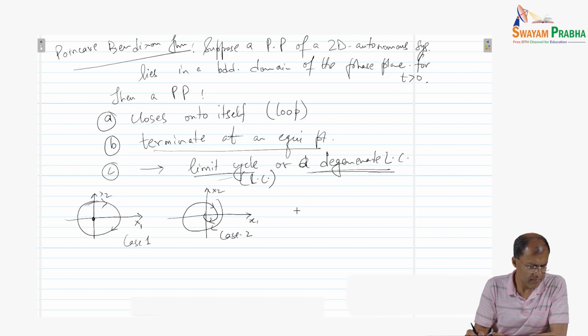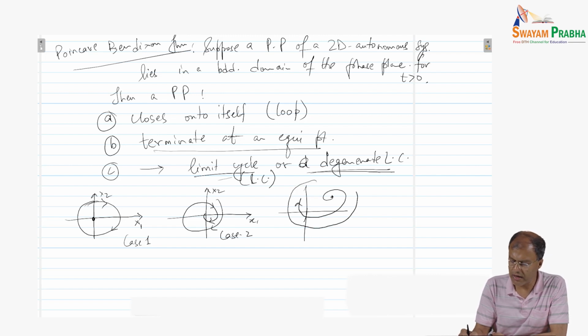And then the third case is that of a limit cycle. All the trajectories inside will tend towards the limit cycle, and all the trajectories outside will also tend towards the limit cycle from the other direction, right? So this is case 3, I would say case 3A.